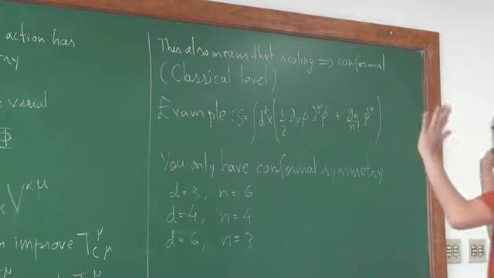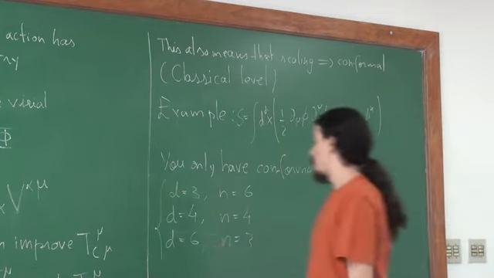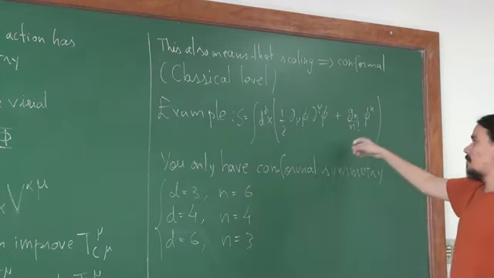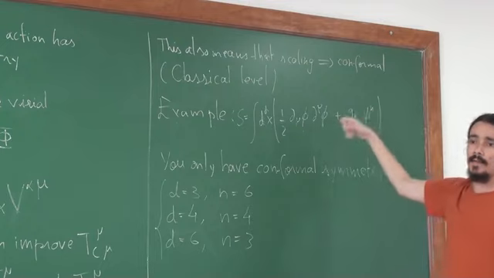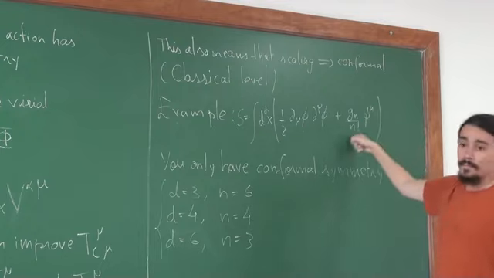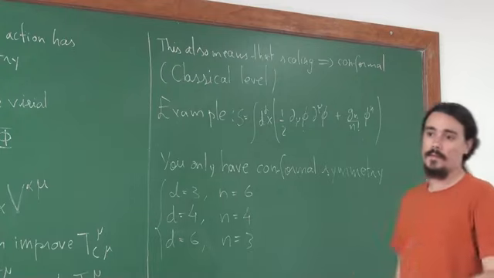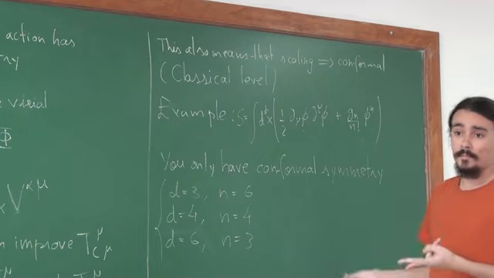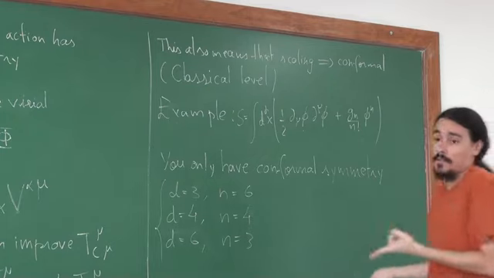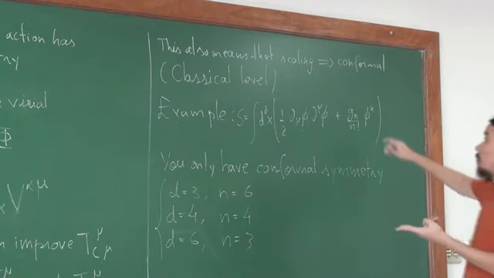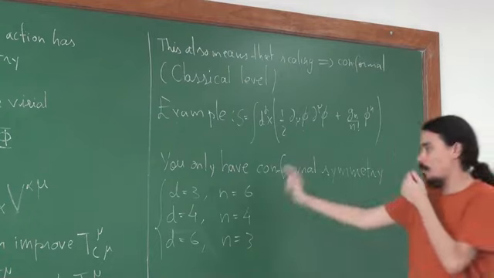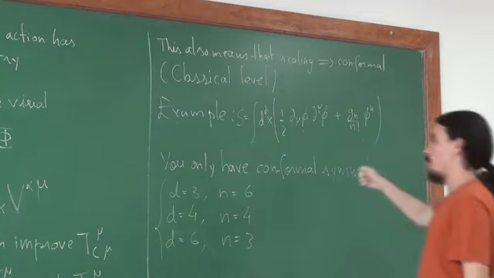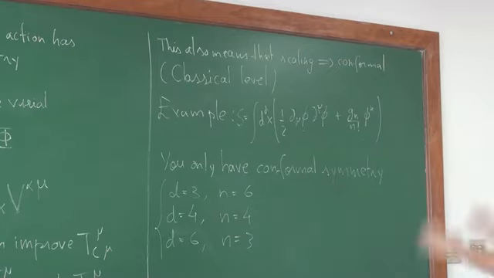If you do this exercise for this potential, you get some equation relating d and n. If you're looking only for integer solutions for both d and n, meaning integer dimensions of spacetime and polynomial interactions only, then these are the only 3 solutions for conformal symmetry, again at the classical level.